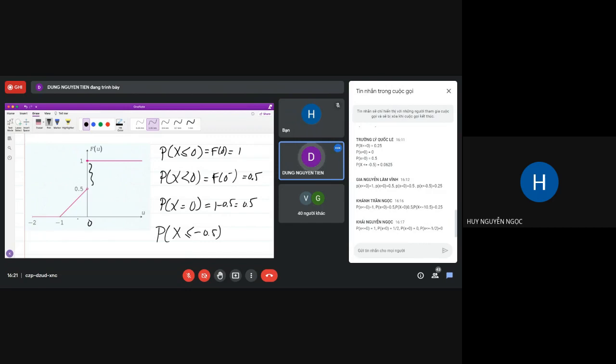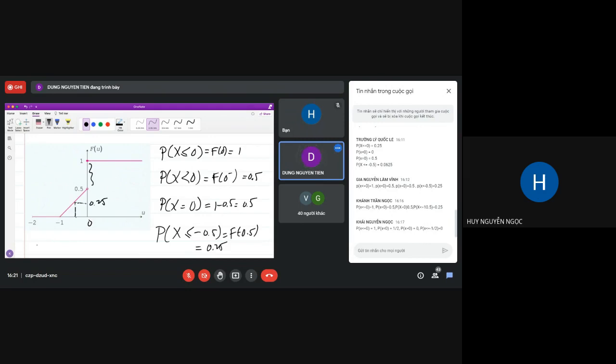Now, how about the probability that x is less than or equal to minus 0.5? It should be F of minus 0.5, right? So it is this point, and you come up with that, and this is 0.25. So the probability is 0.25.